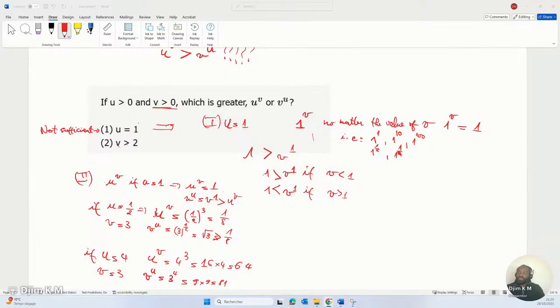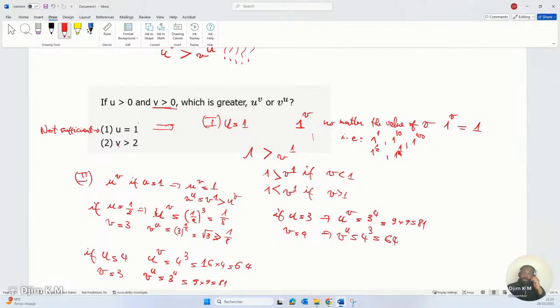Let's say if we switch, if u is equal to 3 and v is equal to 4. So that means u to the power v will be 3 to the power 4. So we will get 9 times 9, 81. And then v to the power u will be, yeah, this will give us 64.